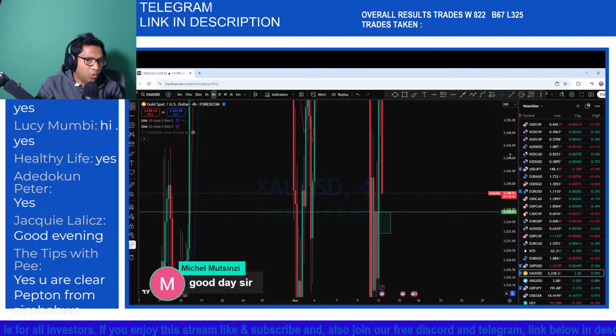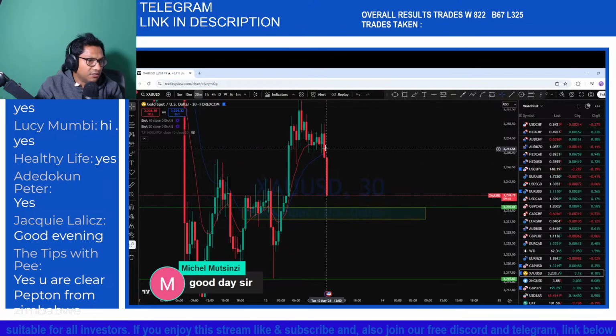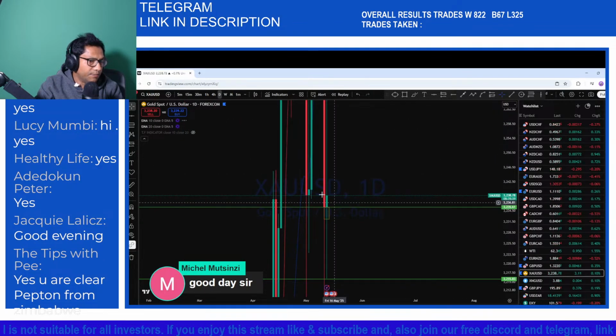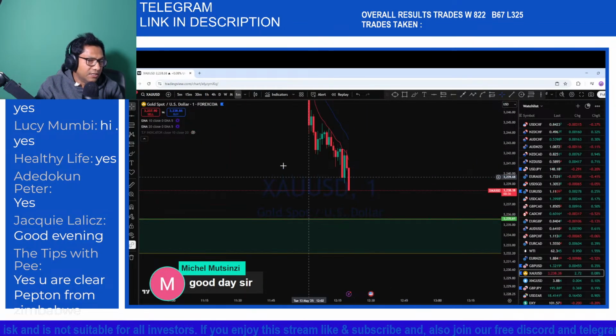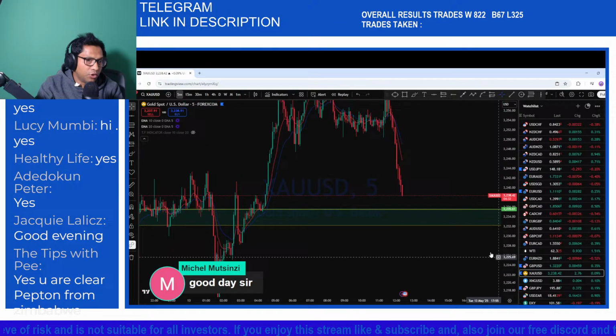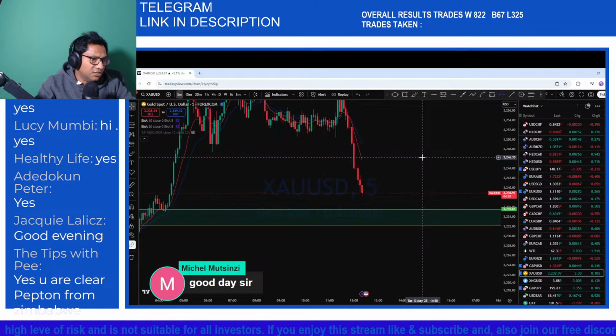Looking at the 4 hour, it's a falling market, and this is a full breakup structure to the daily support level. Coming down to the daily support, we may see the market retesting the daily support and then reverting back to the upside with another momentum.